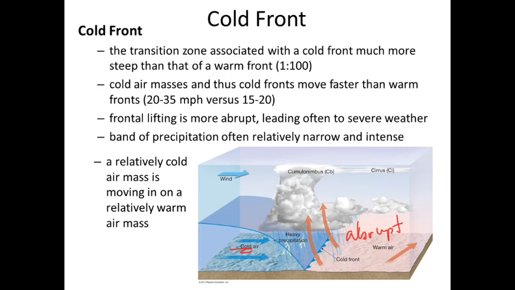So not only that, but I think this is a test question. Not only is it that abrupt transition zone, but also I'm going to put the word fast moving. The other thing is that cold air moves faster than warm air. So that poor lethargic warm air.